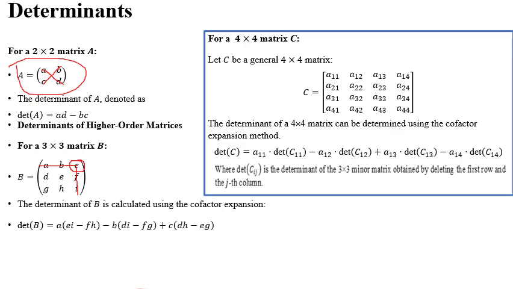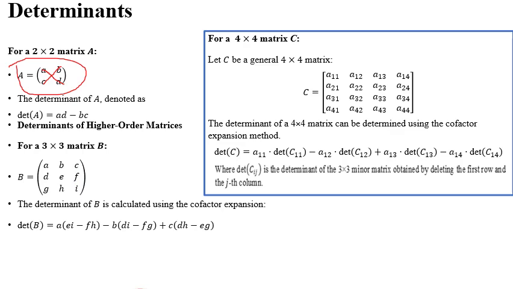And when you look for the determinant of that 2 by 2 matrix, that will give you DH minus EG. And so this is the way you compute the determinant of a 3 by 3 matrix easily.